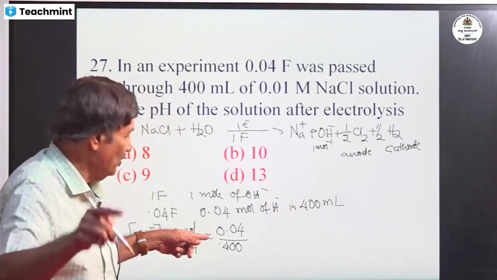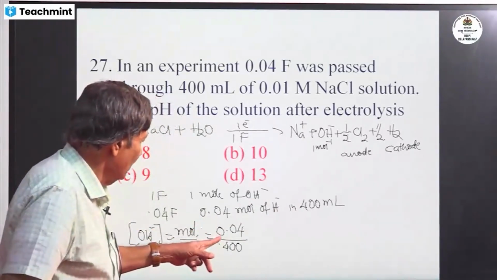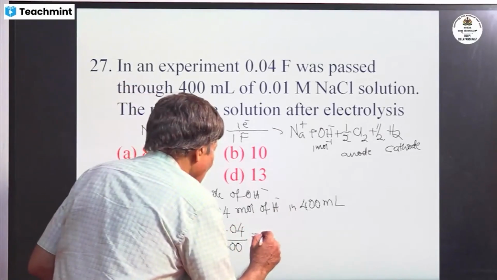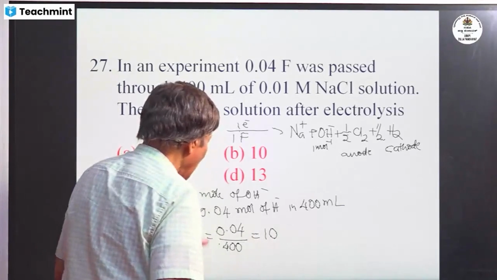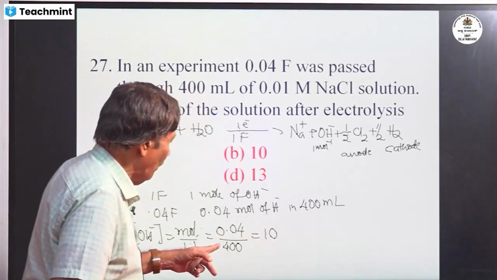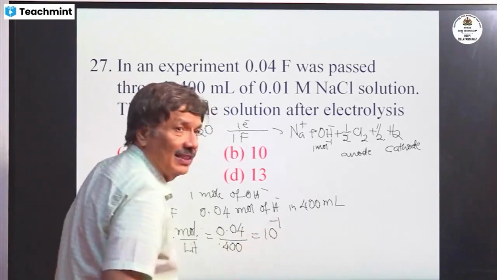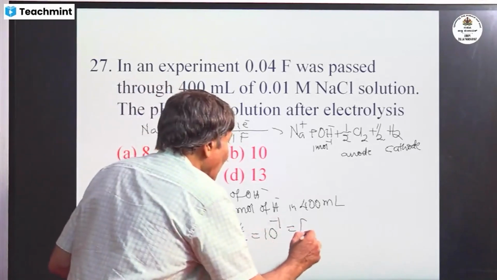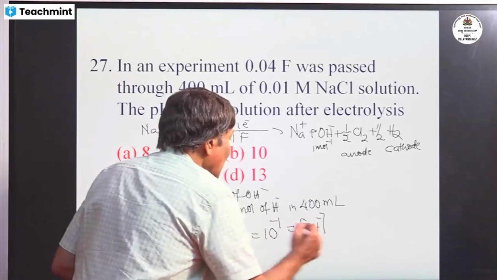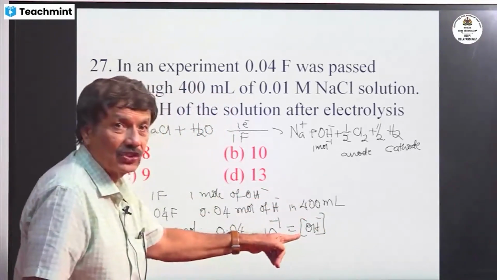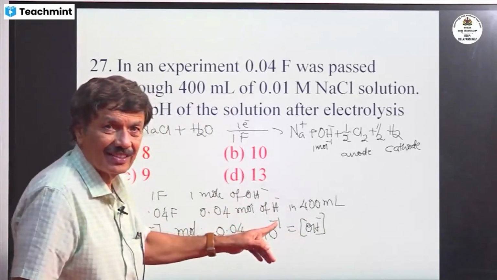So it is 0.04 by 0.4, that is 10 to the power minus 1. This is the concentration of OH minus. Whenever you use molar concentration, only then can you use square brackets.